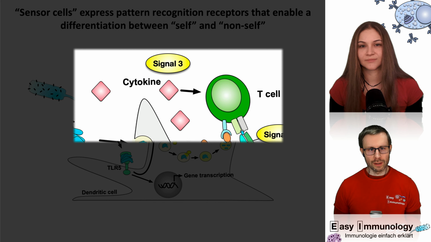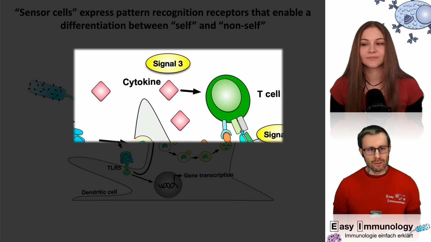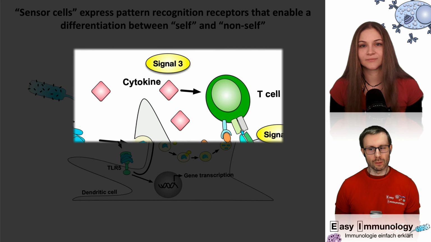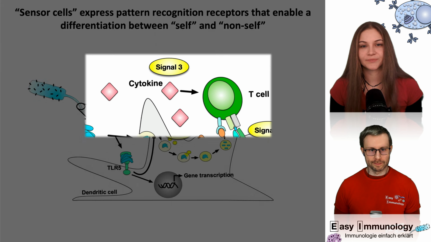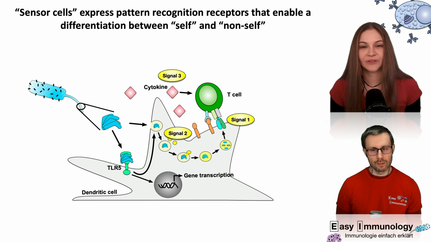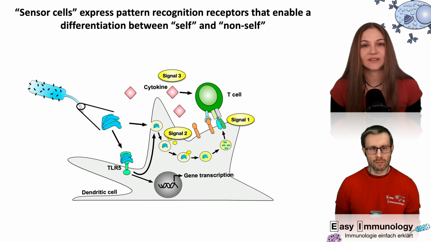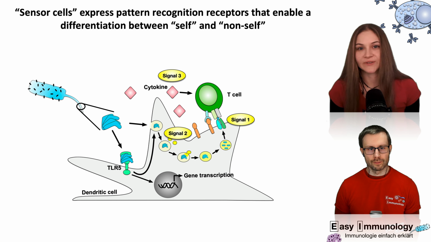These are small molecules that tell the T cell via binding to specific receptors on the surface of the T cell that we have here an infection with a blue bacterium, and the bacterium should be fought with a specific response. Therefore, the T cell should differentiate into a specific antibacterial T cell. Next to antibacterial T cells, we also have T cells which can fight parasites, for example, or viruses.